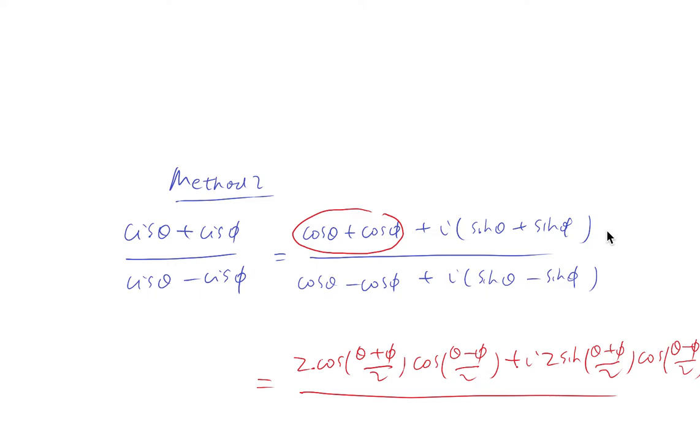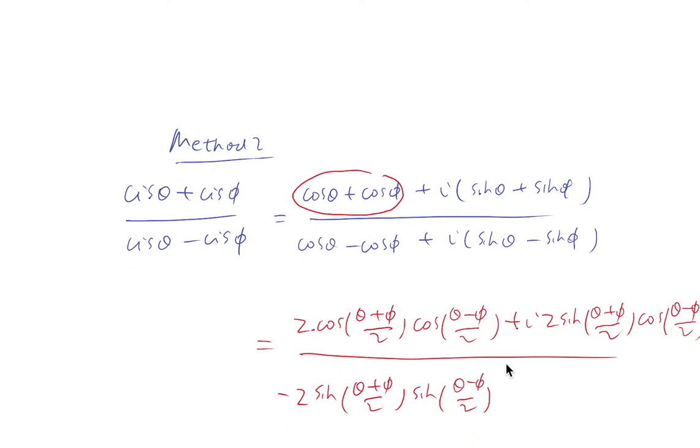For cos theta minus cos phi, it is minus 2 sine theta plus phi divided by 2, sine theta minus phi divided by 2, plus I sine theta minus sine phi, which is 2 cos theta plus phi divided by 2, sine theta minus phi divided by 2.